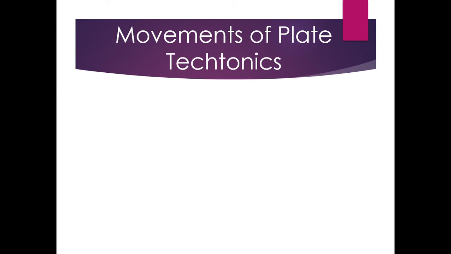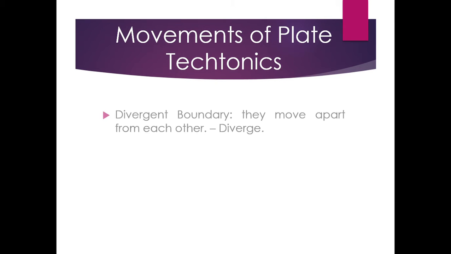And let's continue. We have movements of plate tectonics. So, divergent boundary. You are going to notice that right now we're going to have several terms, but basically they refer to the fact that the tectonic plates on Earth are constantly moving. The first one is a divergent boundary.